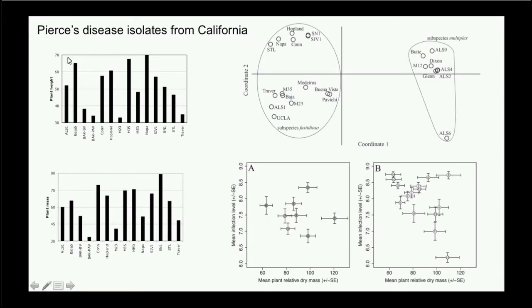So you have genotypes here that cause a 30% reduction in plant height, and some that are much more pathogenic, more aggressive. You look at plant mass, which was how much you would harvest, and you can also see an extreme amount of phenotypic diversity in terms of virulence, with 100% being controls, going from 30 to 90%.